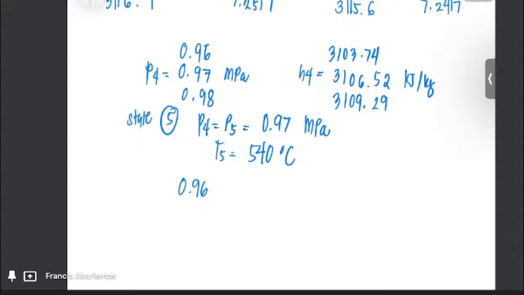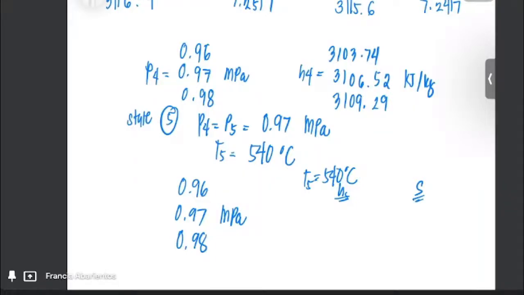Yung makukuha nating value at this. Yung temperature, using temperature na 540 degree. So, kukunin natin yung H tsaka S at this point. Okay, yung H natin.